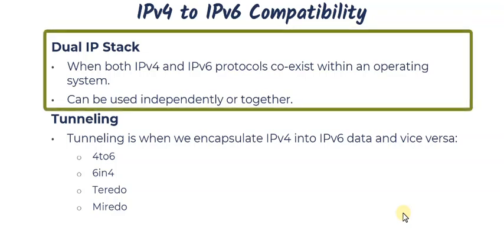We've already talked about a dual stack configuration, specifically a dual IP stack. When we talk about a dual stack configuration, we're talking about IPv4 and IPv6 protocols coexisting within an operating system. With Windows 10, if you do an ipconfig, you should notice that you have an IPv4 and an IPv6 address, because by default it's configured for a dual IP stack.